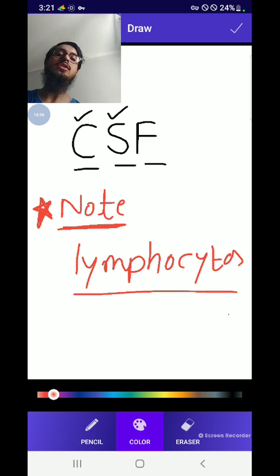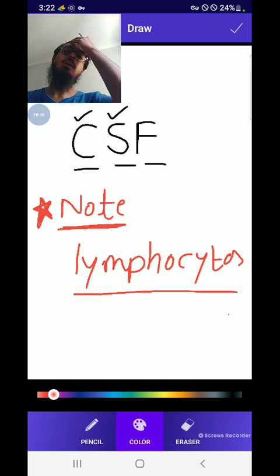So what is the function of lymphocytes? They protect your CSF. If any bacteria or any waste product enters the CSF, the lymphocytes kill those products and move them out through the blood CSF barrier, between the cerebrospinal fluid and the blood.